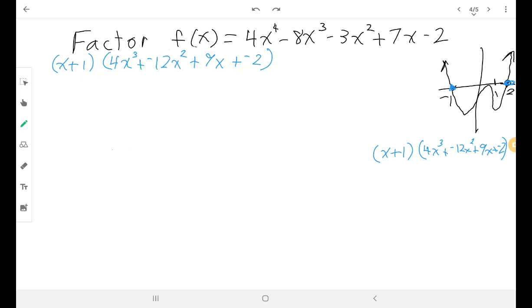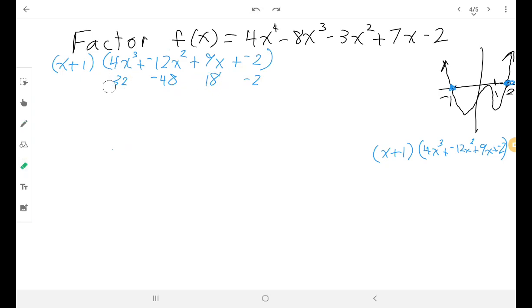So 2 cubed is 8, 8 times 4 is 32. 2 squared is 4, 4 times negative 12 is negative 48. 9 times 2 is 18, and then negative 2 here. So these two make negative 50, and these two make 50.